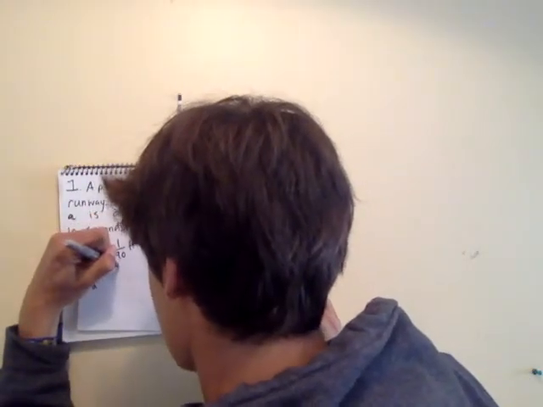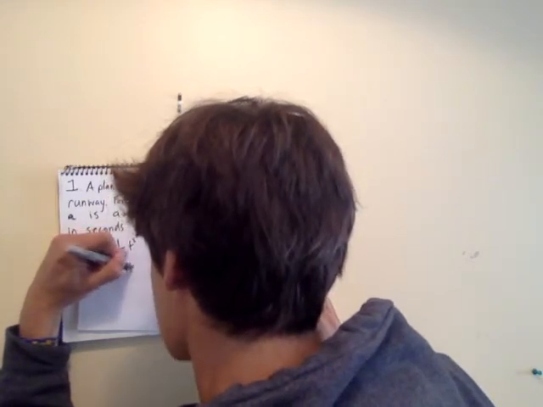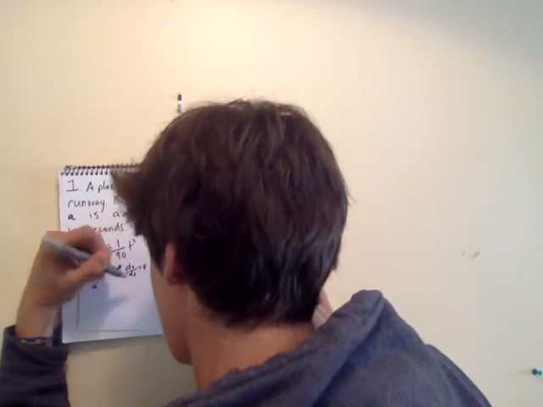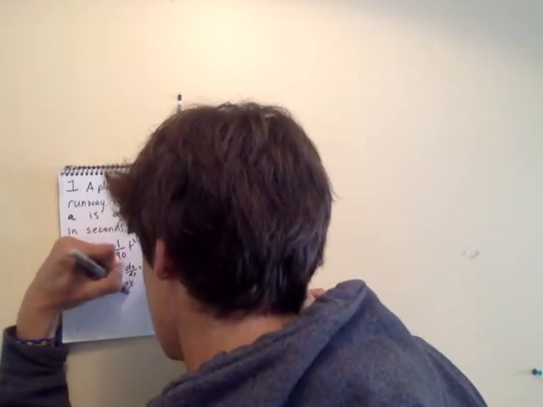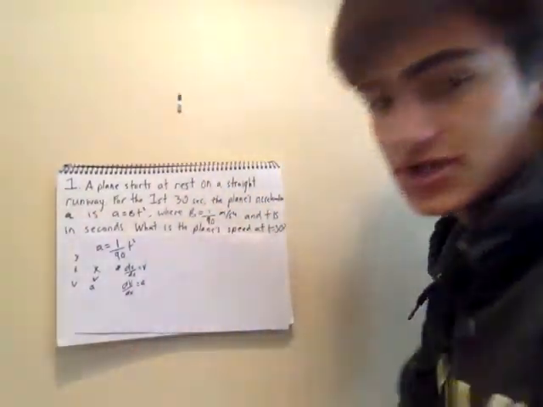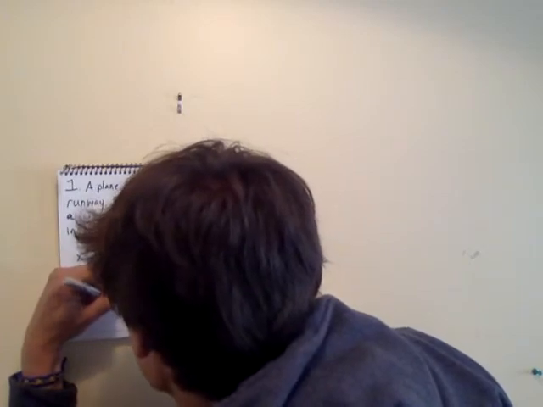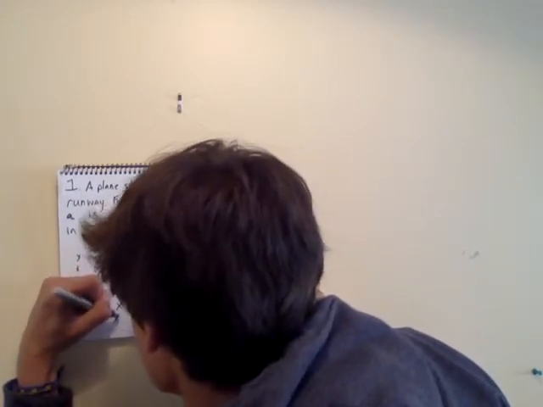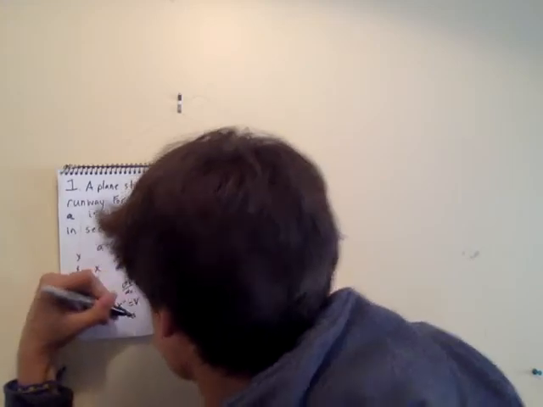Let's write that out to make it clear. dx/dt is equal to v, and dv/dt is equal to a. Another way to say this is the first derivative of position is velocity, and the second derivative of position is acceleration.